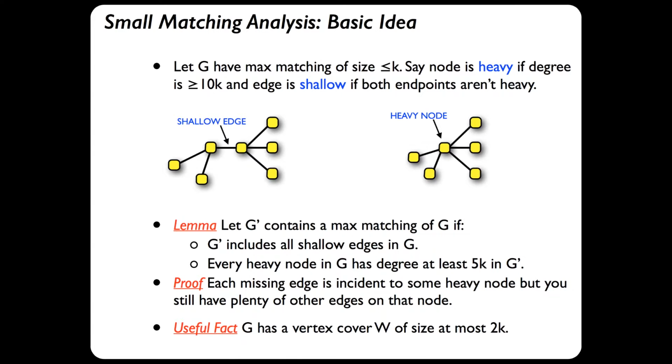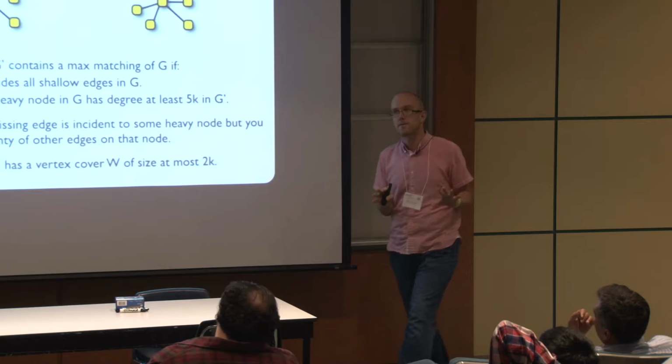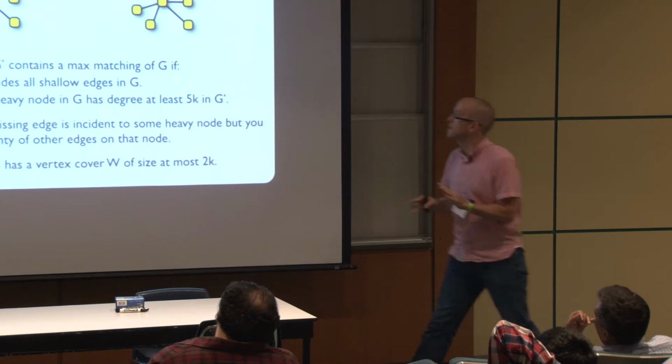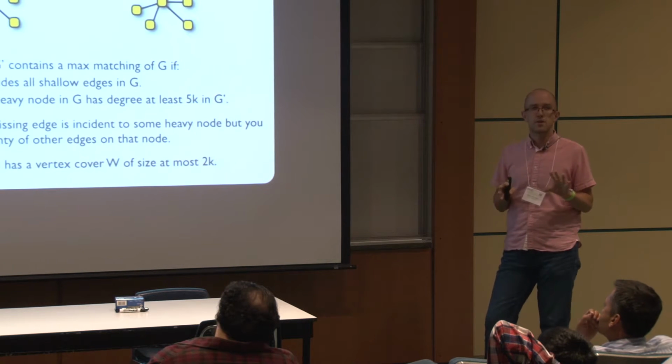So a useful fact that we're going to use going forward is that because G has a maximum matching of size at most k, it's got a vertex cover of size at most 2k. So any questions so far?